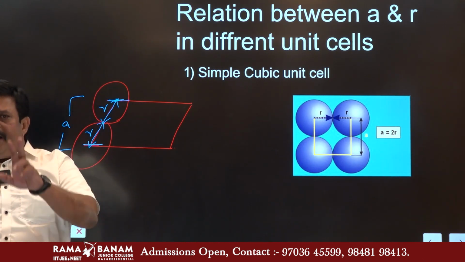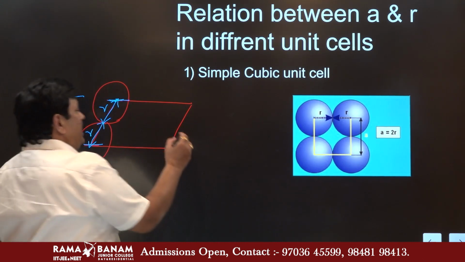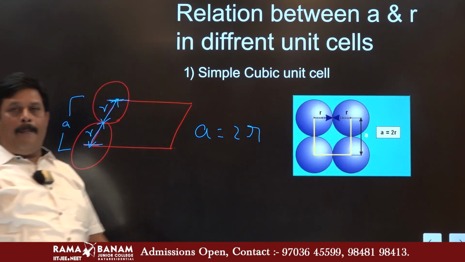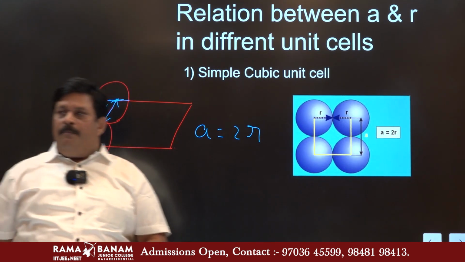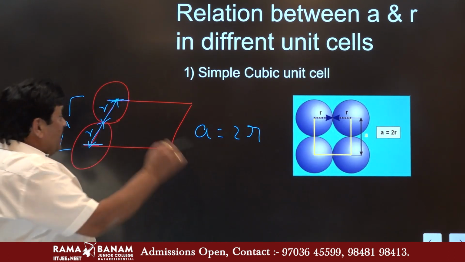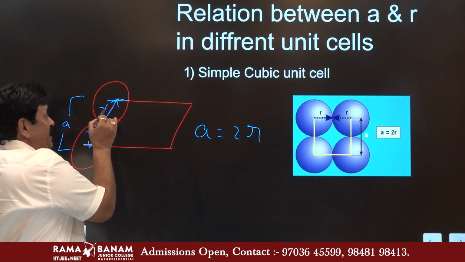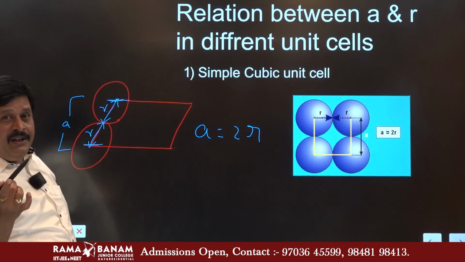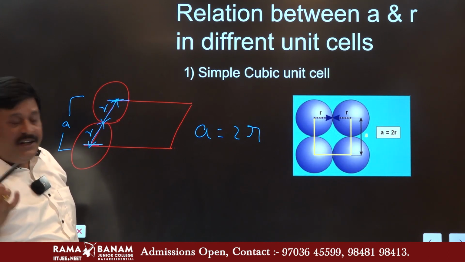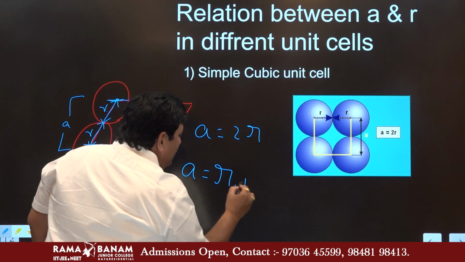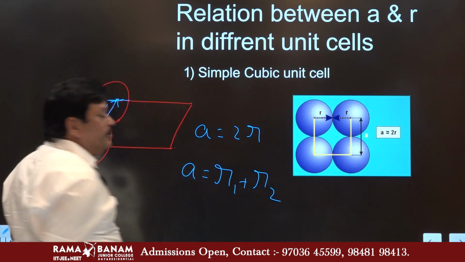If both the particles are identical, then a is equal to 2r. If the two particles are different, the radii are different, and in that case a can be written as r1 plus r2.